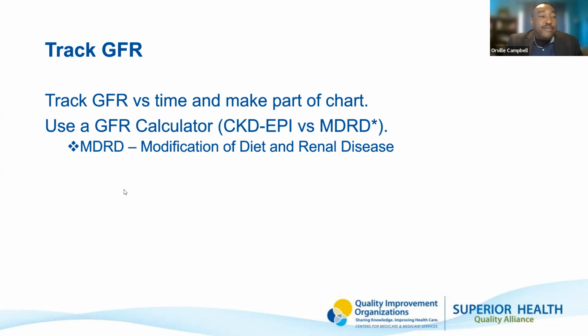And again, in individuals with eGFR greater than 60, in patients who are obese, i.e. BMI greater than or equal to 35. Why does obesity matter? Because obesity falsely elevates the GFR.